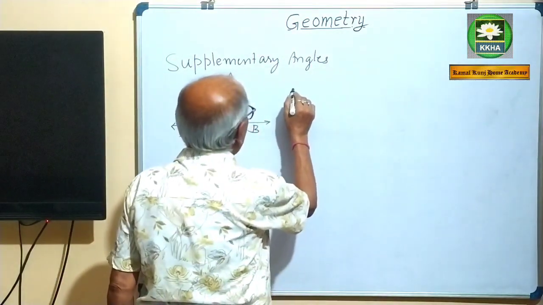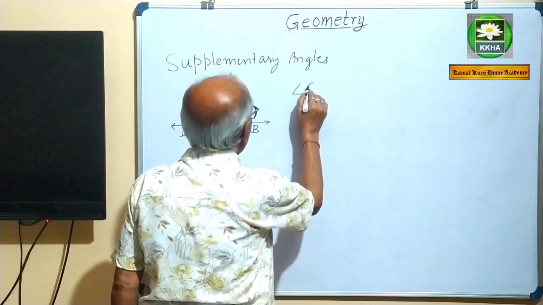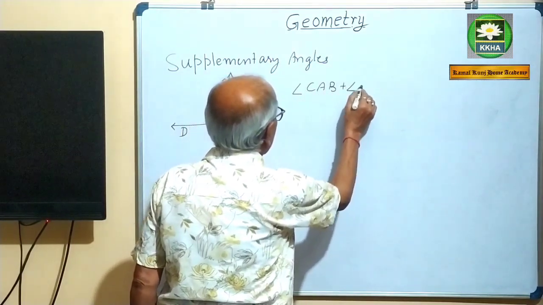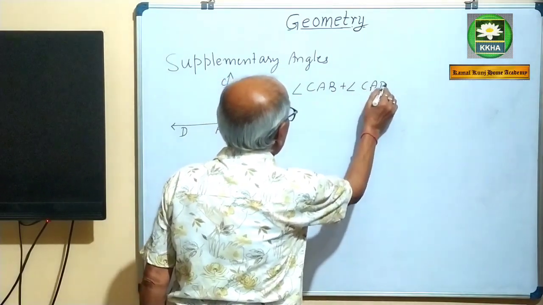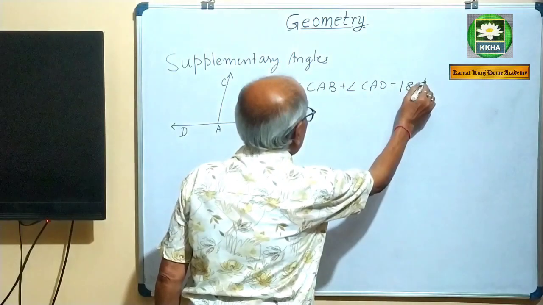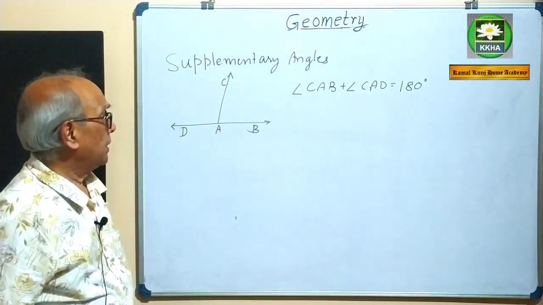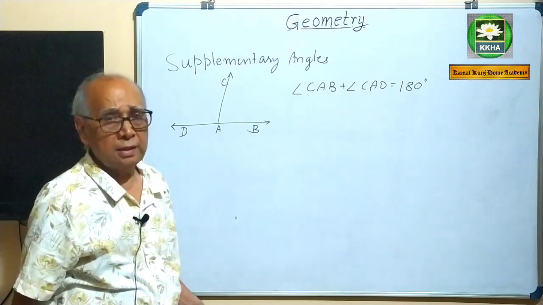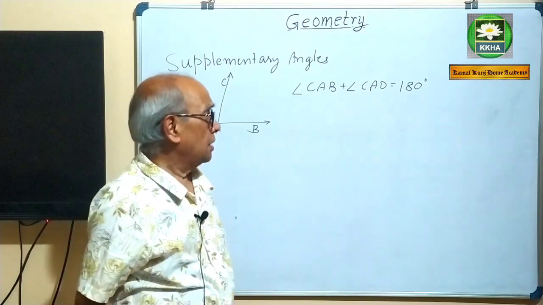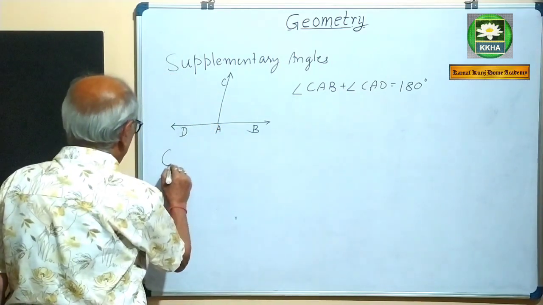If angle CAB plus angle CAD equals 180 degrees, then they are called supplementary angles, and each angle is called the supplement of the other.